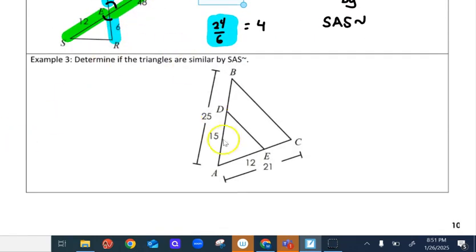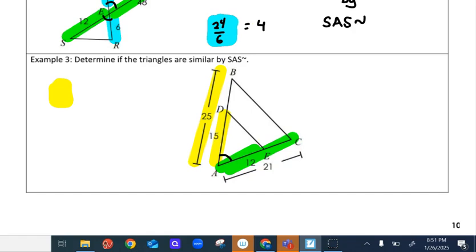And then this one is important because these two triangles are sharing the same angle. So we've got a big triangle and then a little triangle. They both are sharing the same angle there. So we just need to make sure that their corresponding sides are proportional. So is this one and this one proportional with those two?